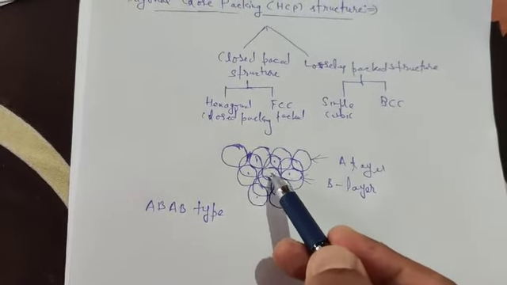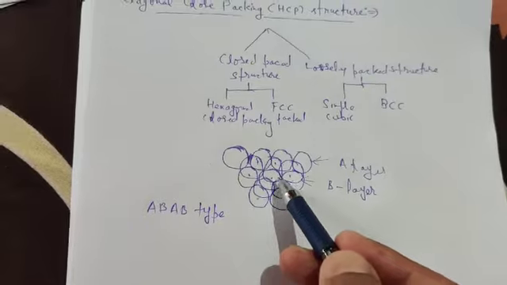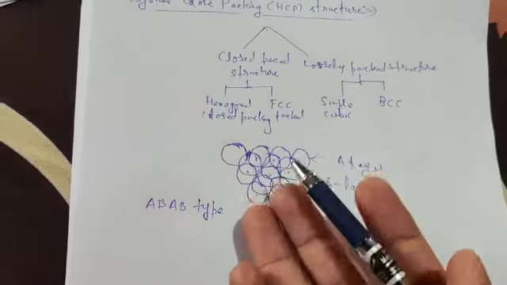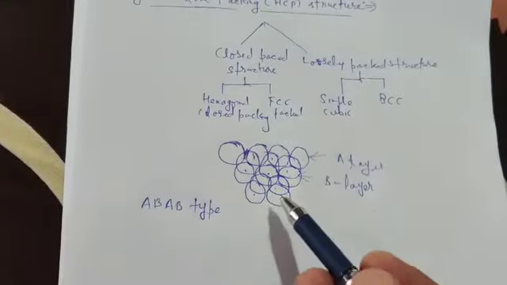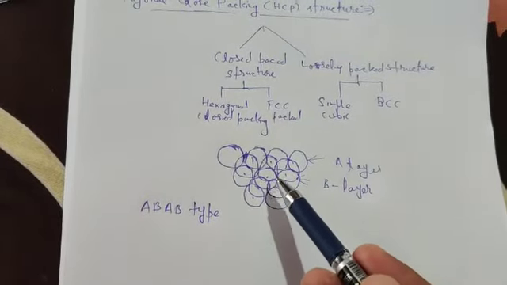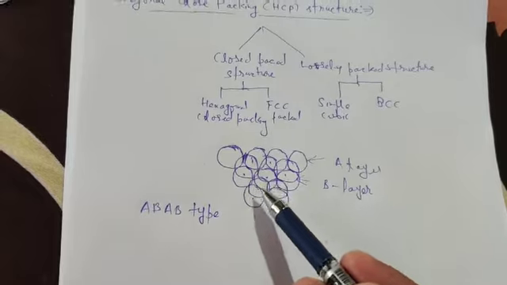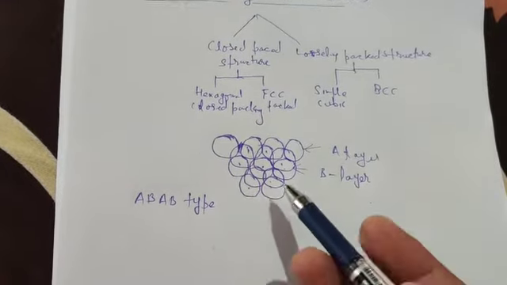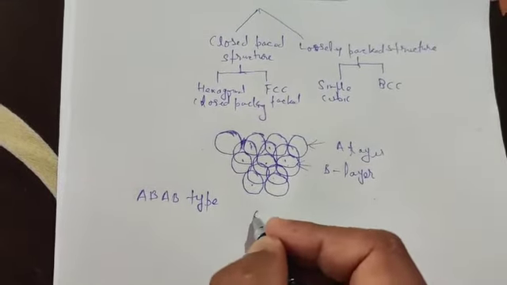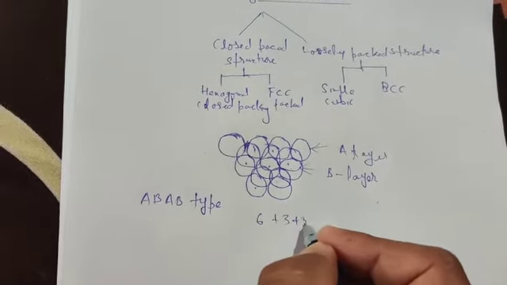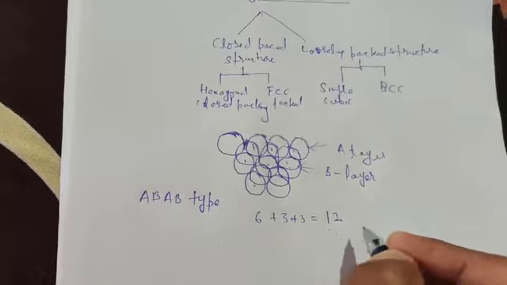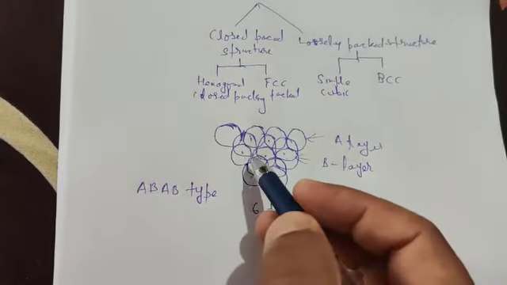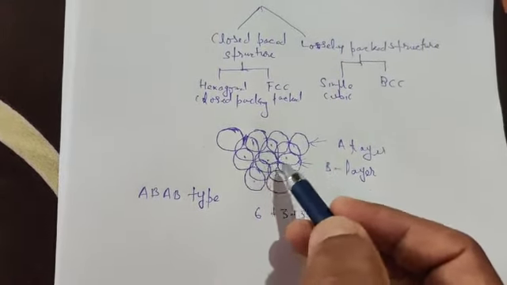So there are 6 plus 3, 9, and there will be another layer on the downward side. There will also be the B layer, and for the central atom there will also be 3 atoms in the contact. So we have 6 plus 3 plus 3, we have 12 atoms for this central atom in the contact.